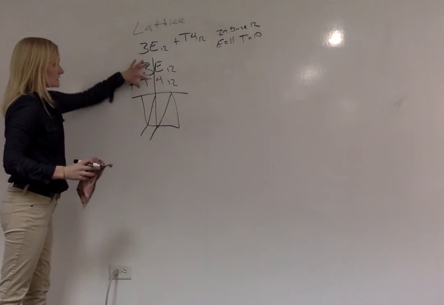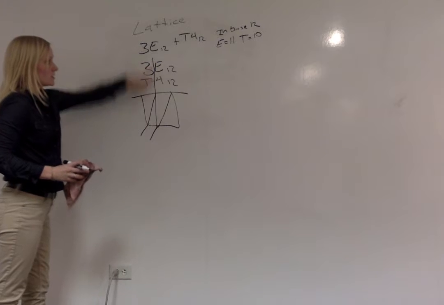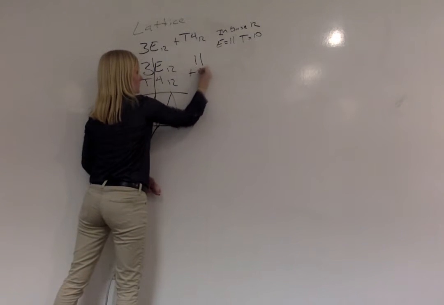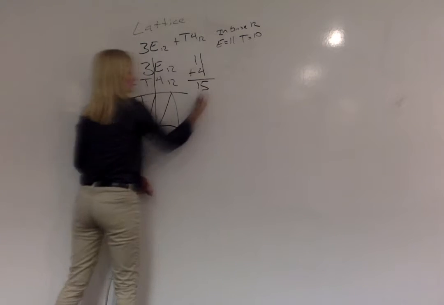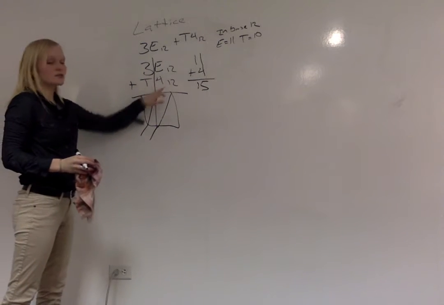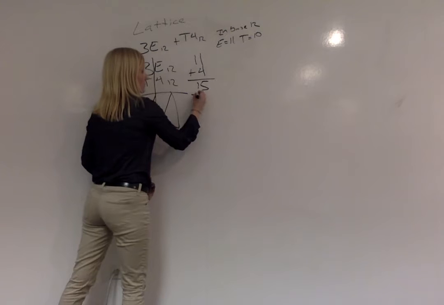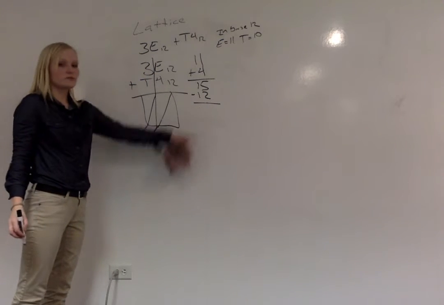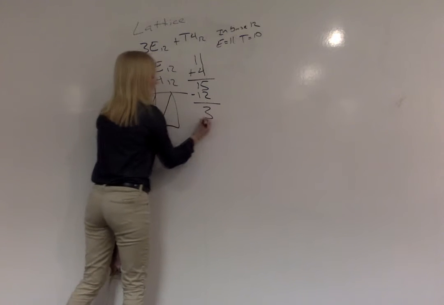First, we have to add these up like we would in the traditional. 11 plus 4 is 15. 15 is greater than 12, so we minus 12 out of there.